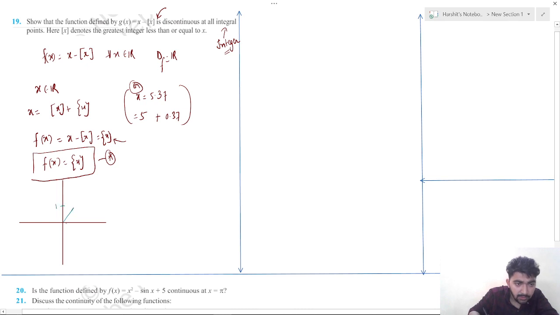The range of this function is closed 0, open 1; it will never attain 1.